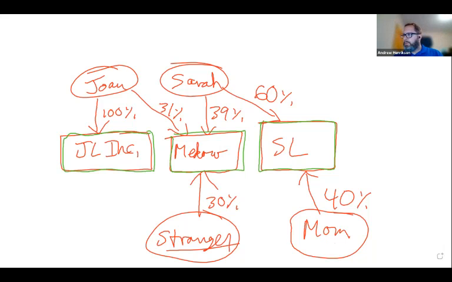So, JL Inc. and Meadow Limited. So JL and Meadow are going to be associated under D because Joan controls JL. That's through her 100%.